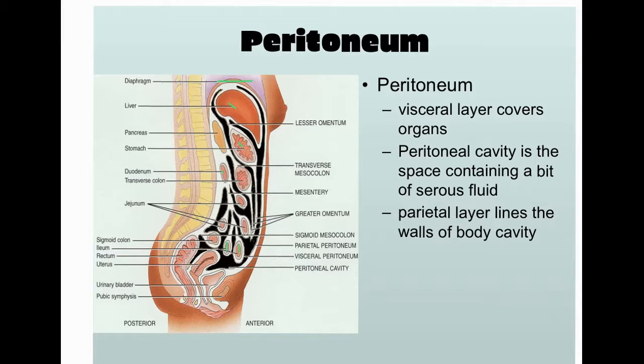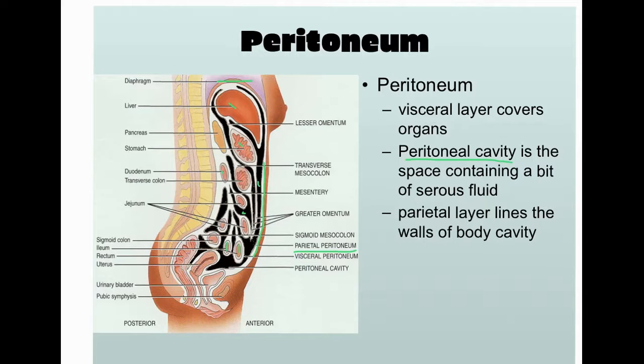And remember, there are 3 layers. Out here on the very outside, the most superficial, closest to the skin, is going to be the parietal peritoneum. In between, this black right here, though the space is not actually as big as you see it here, is called the peritoneal cavity or the peritoneal space.